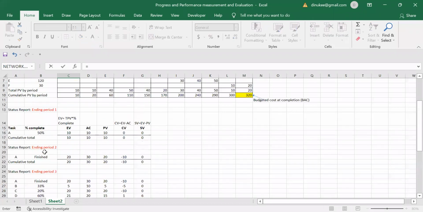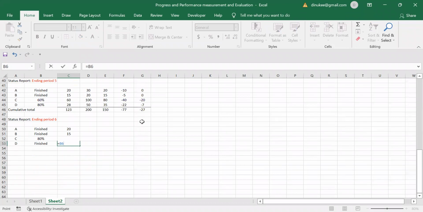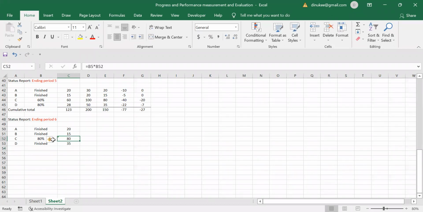So the D activity is now finished. So the actual cost will be given for you. 30 here, 20 here, 110 here, and 60 here.